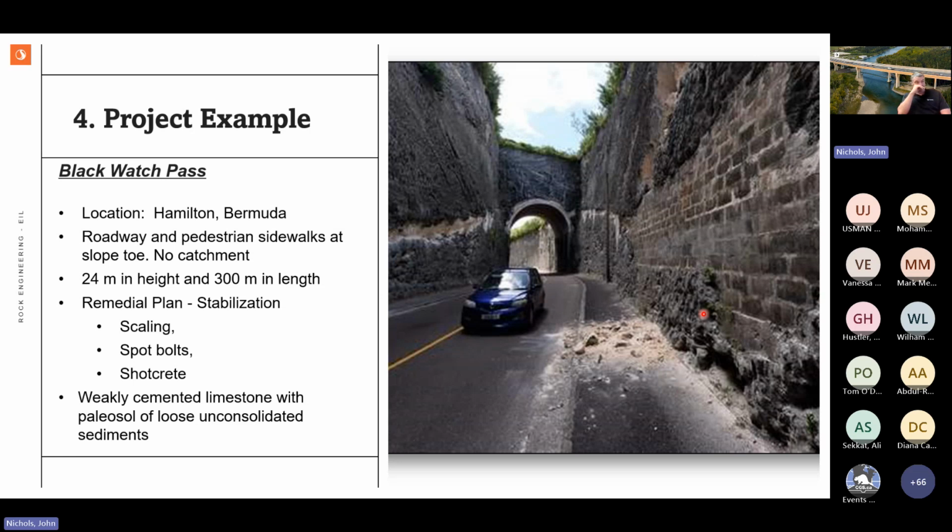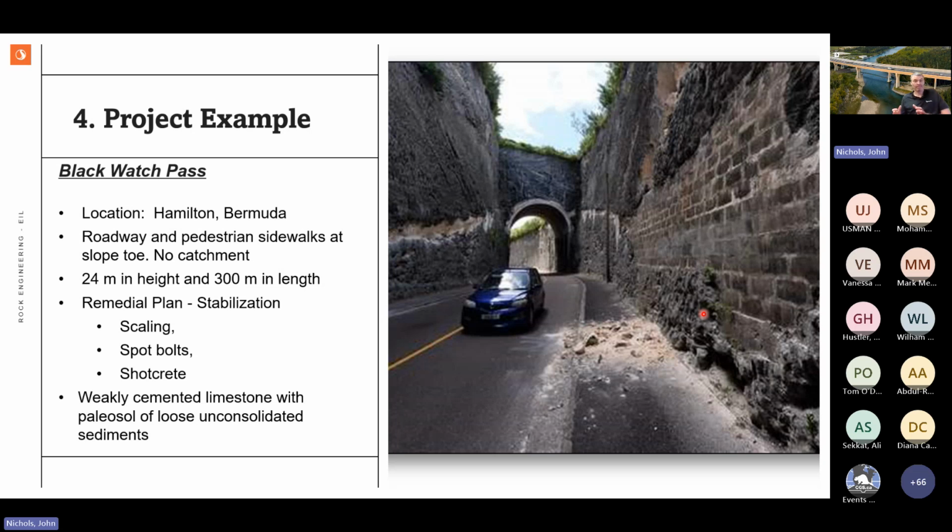All right, so I'm going to go through a project example now. This site is one of my favorite projects I ever worked on. It was in the city of Hamilton in Bermuda. So this was a rock slope. And as you can see from this photo, there was a rockfall event and it landed right on the sidewalk.